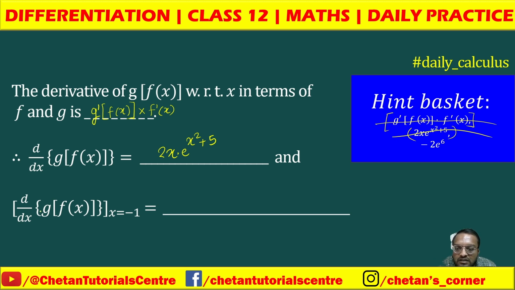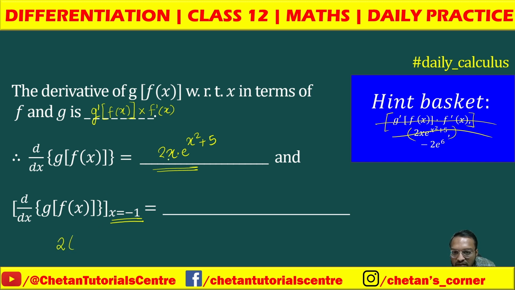Now moving further, we have to calculate the value of the derivative of g of fx when x is equal to minus 1. So what we have to do, we have to put x is equal to minus 1 in this and calculate the value of d by dx g of fx at x is equal to minus 1. So let us do that.